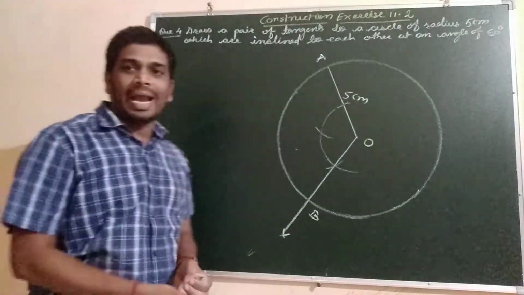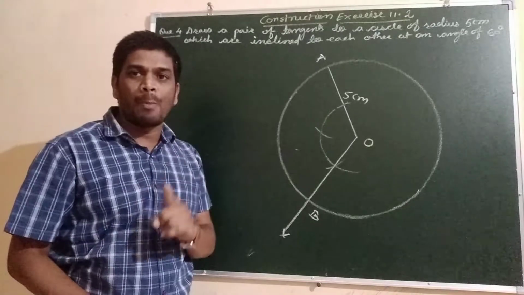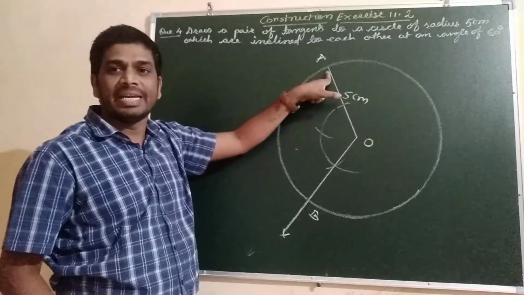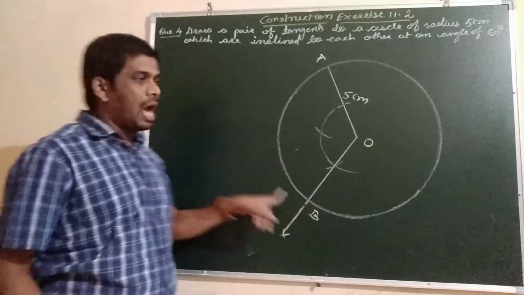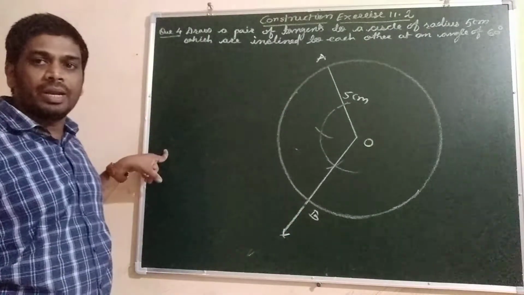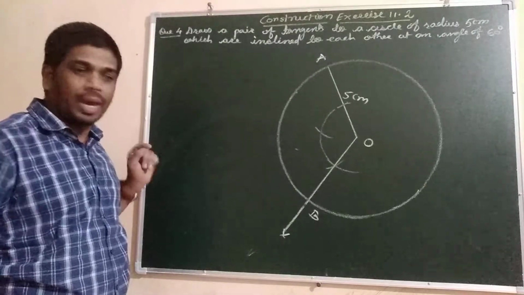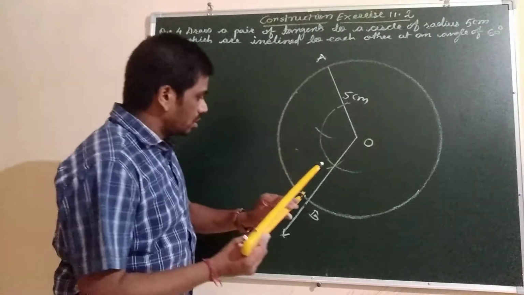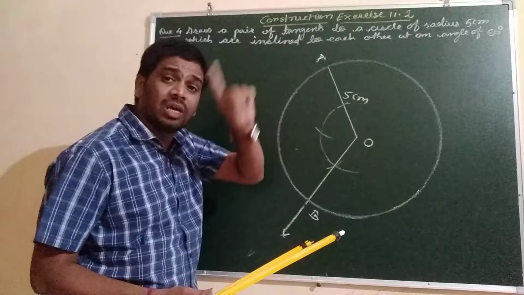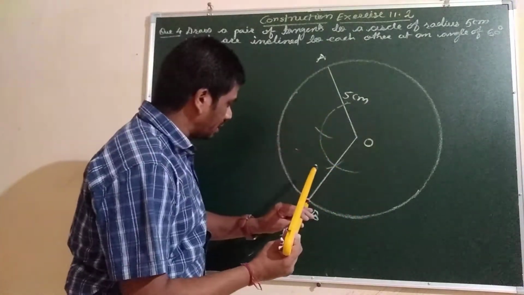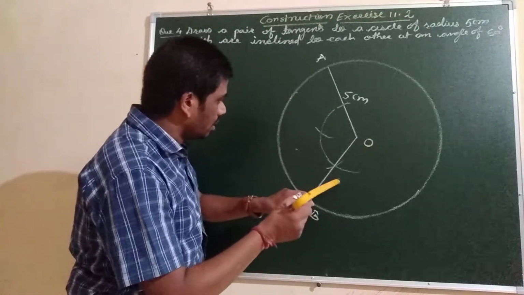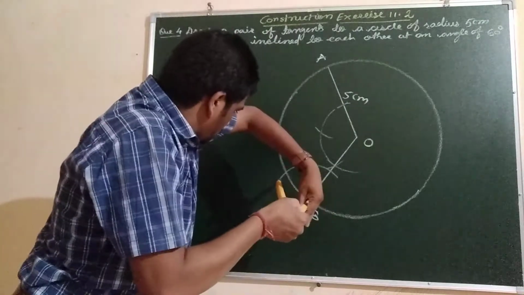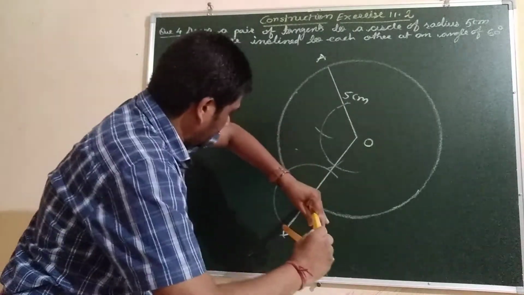Now we know that each tangent is perpendicular to the radius, which means here we can make 90 degree, and here we can make 90 degree, and wherever both the tangents intersect, that point will be P. So let's see how to draw 90 degree. Any radius we can take and we will draw the semicircle. At B, we will begin from B and draw a semicircle of any radius.